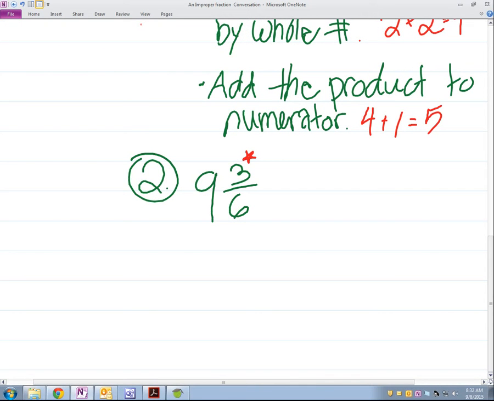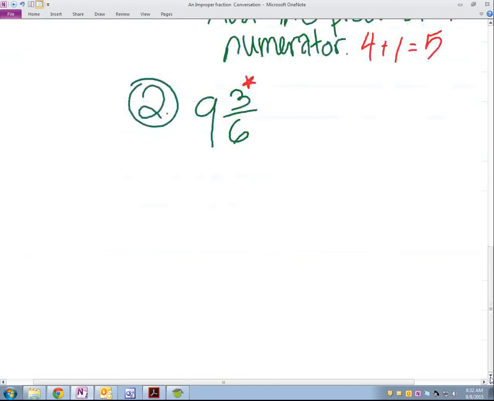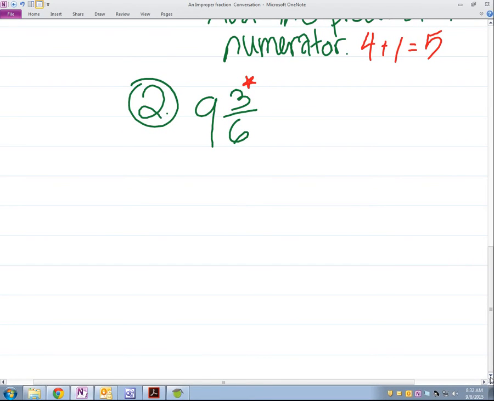Good. Multiply the denominator by the whole number, which is 6 times 9. So we're going to do 6, please don't shout out, times 9, which is 54.